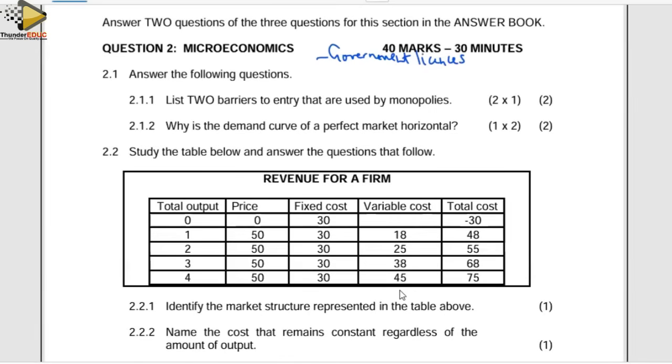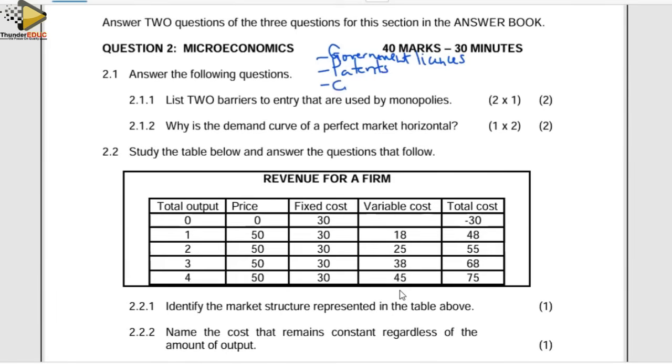For example, the government can protect its state-owned entities through licensing. They do not issue those licenses to private entities who might want to join the industry. Or we can look at it from the perspective of the patent rights, where exclusive rights are given to a given business. So patents can also be used.